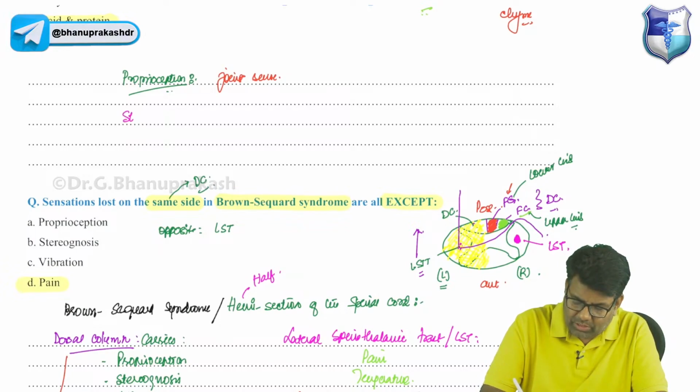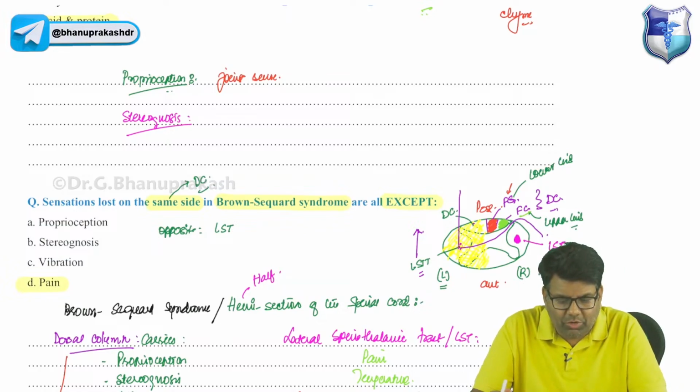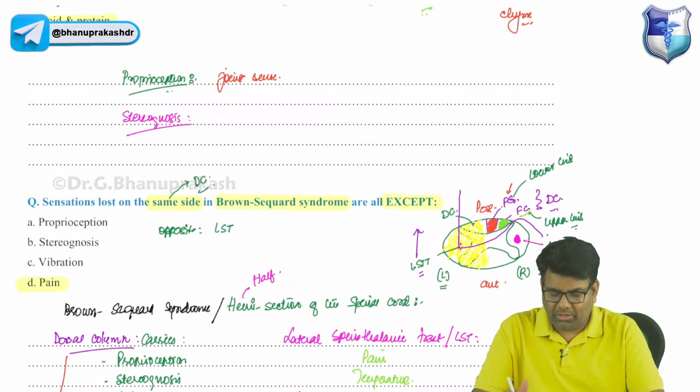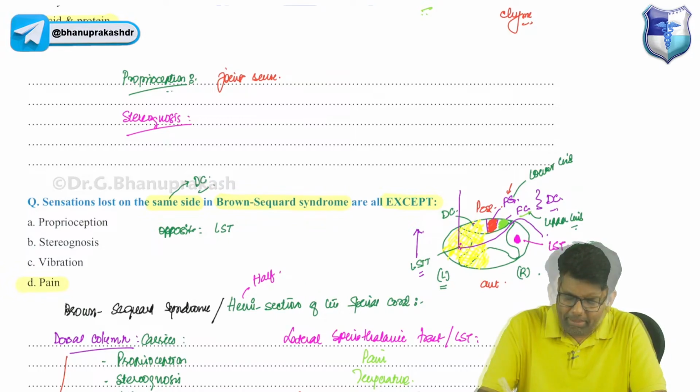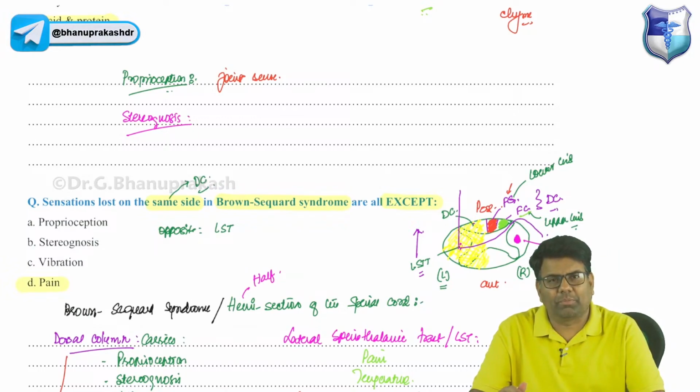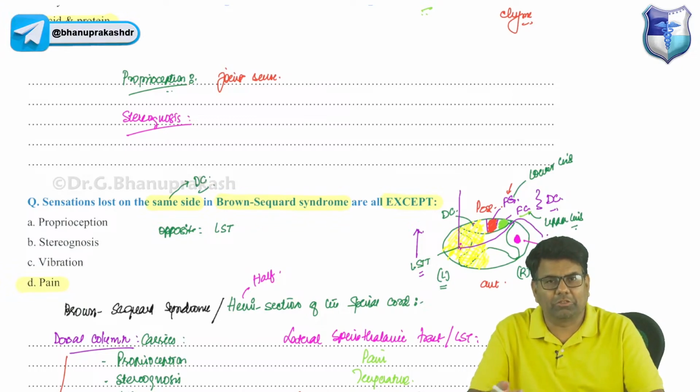What is stereognosis? Yes, Raghu, you are right. Stereognosis means if we close our eyes and there is no auditory input, and somebody gives some object in our hand, we will simply feel it by the fingers, and we can answer what object has been given in my hand.